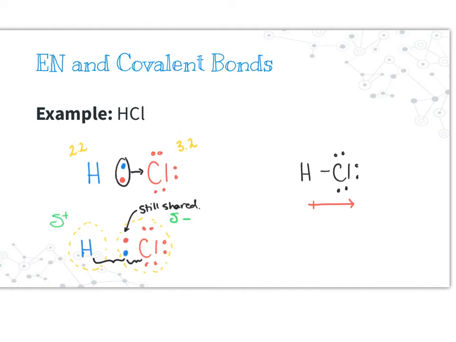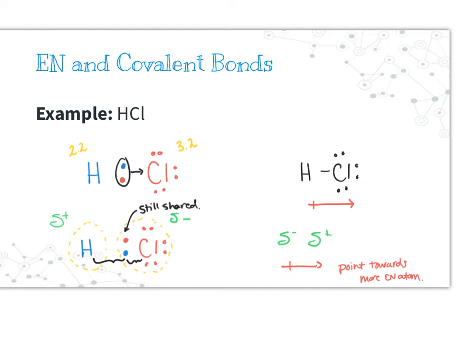So this is one of two ways you can represent things. You can represent with a partial negative and partial positive, or you can represent with an arrow. And the arrow is always pointing towards the more electronegative atom.